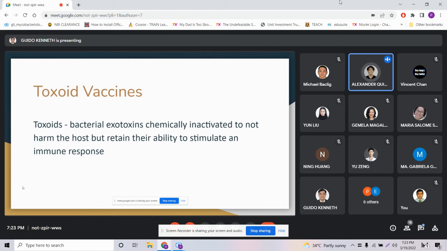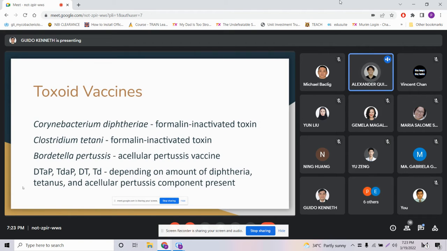So a toxoid or toxoids are bacterial exotoxins chemically inactivated to not harm the host but retain their ability to stimulate an immune response. So these toxoids actually depend on the toxin that the bacteria will produce. So for Corynebacterium diphtheriae, there's formalin inactivated toxin. Clostridium tetani, there's also formalin inactivated toxin.